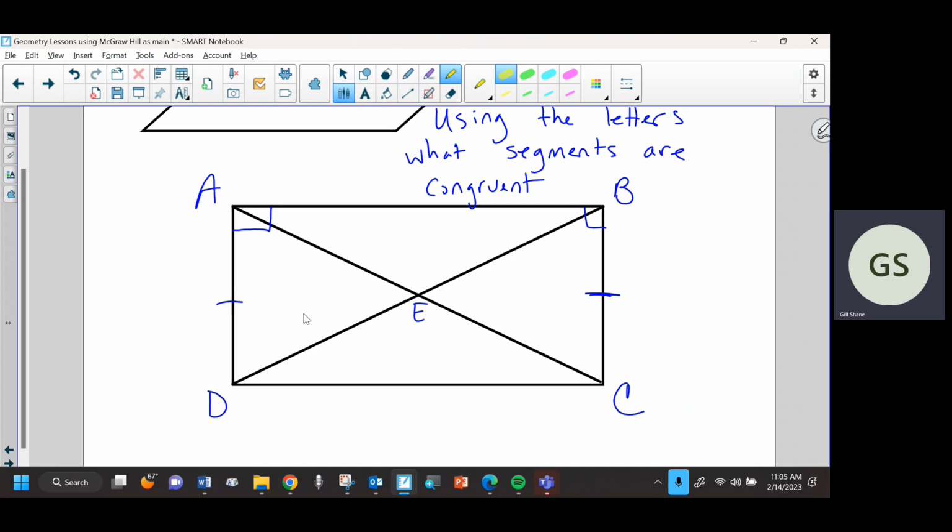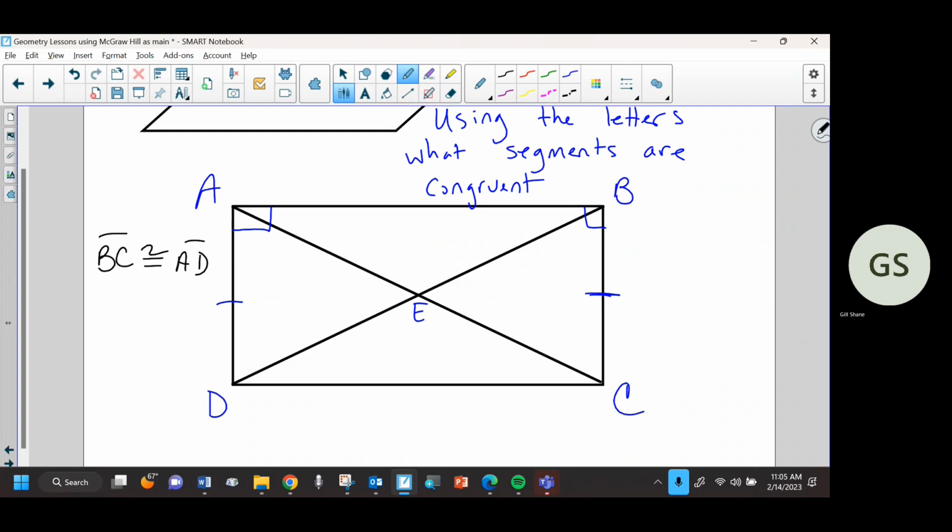BC is congruent to AD. So that should have been one of them that you wrote up. Okay, so BC congruent to AD.